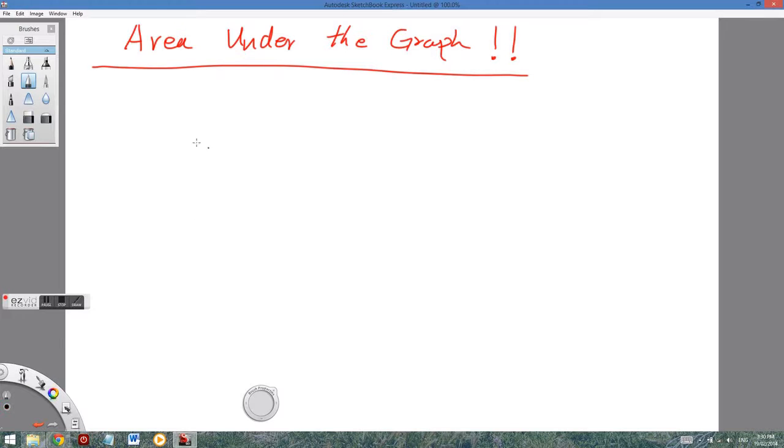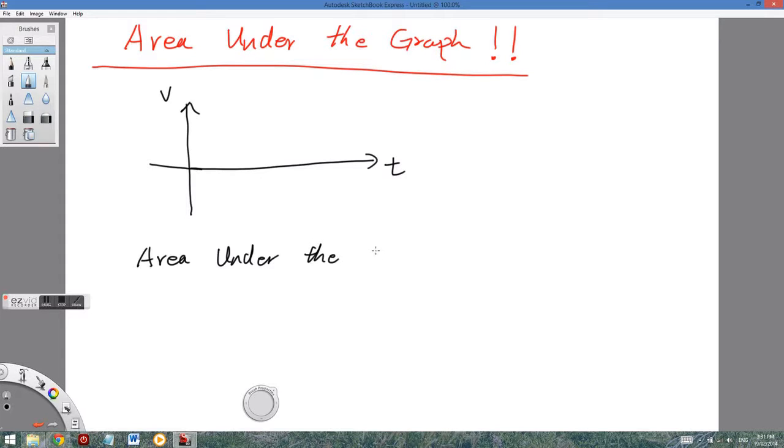If I have a velocity time graph that looks like that, and I forgot what the area under the graph means.